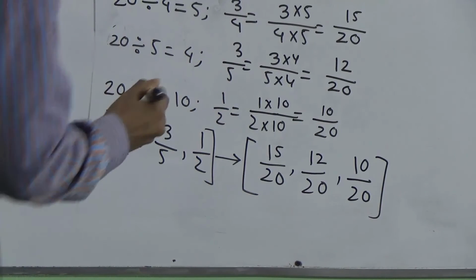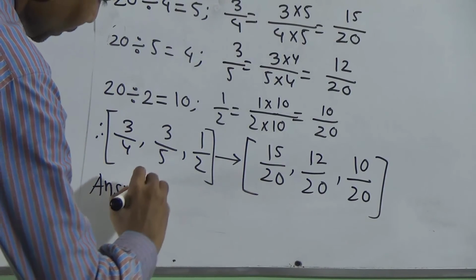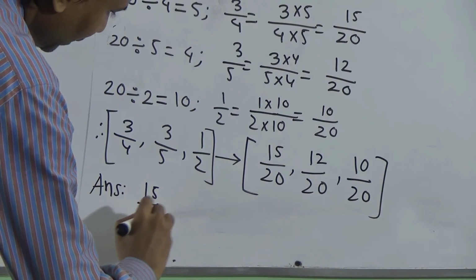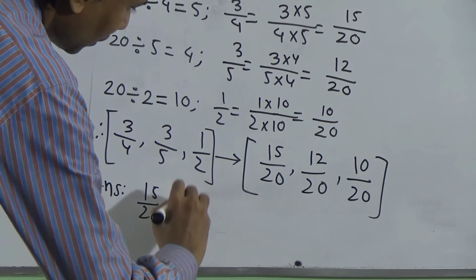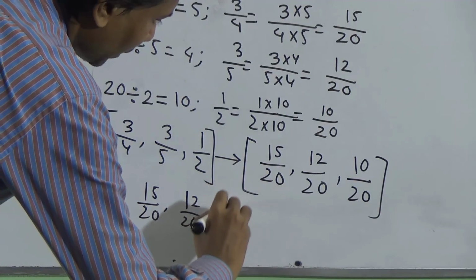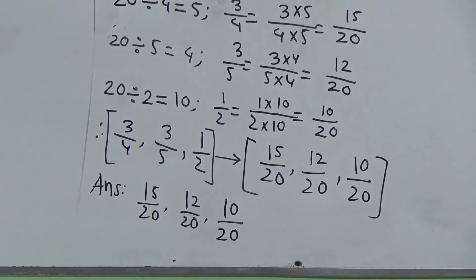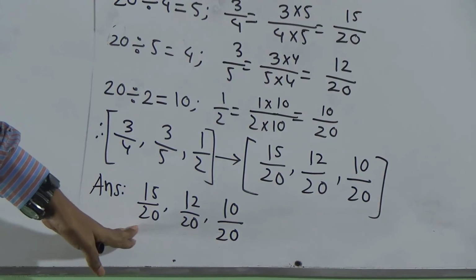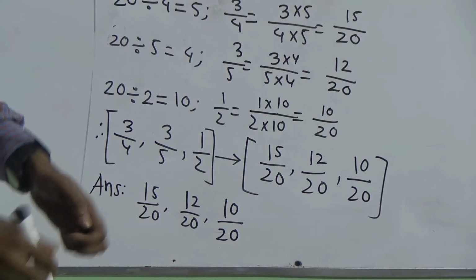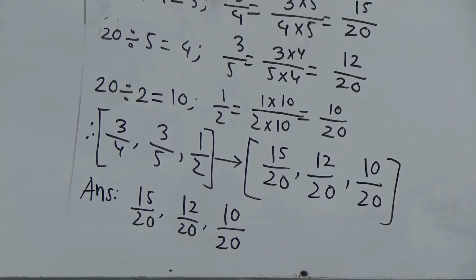Now you write the answer: 15 by 20, 12 by 20, 10 by 20. Okay, dear student, this is our required result. You see all the denominators are 20. That means all the denominators are the common denominator or equal denominator.